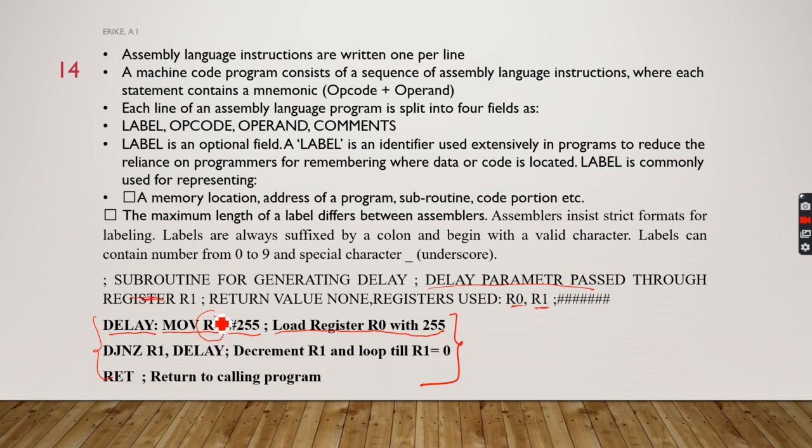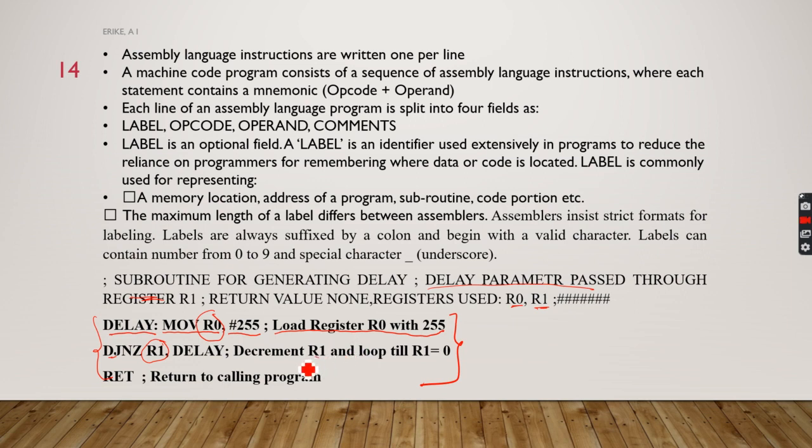So look at register R0 and then R1. This instruction is decrement and jump: decrement R1 and loop until R1 equals 0, then return to the calling program.